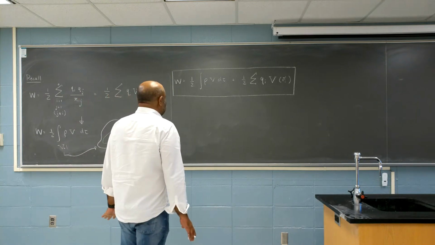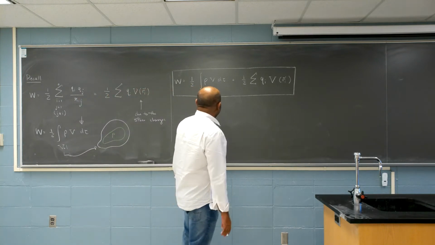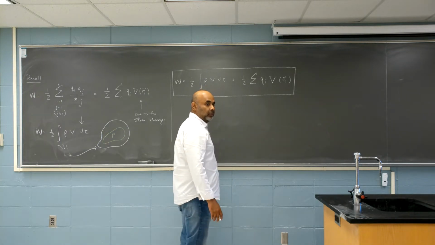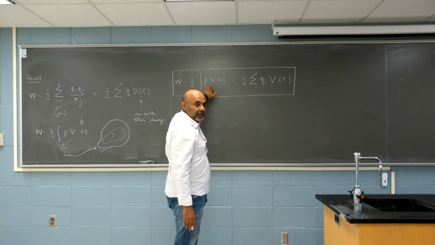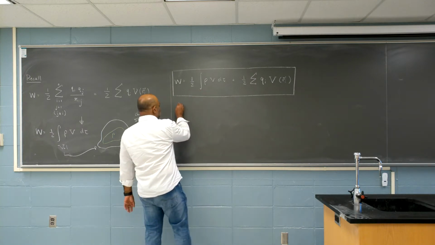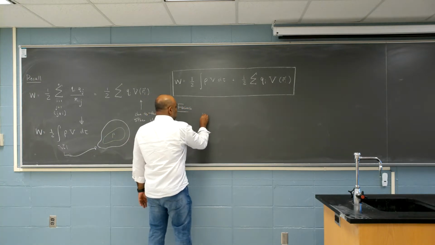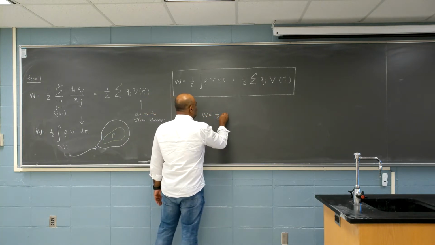Okay, so now suppose we have managed, maybe using delta functions and whatnot, to write everything in terms of this expression. Okay, so focus on this one. W equals 1/2 integral of rho V d tau.